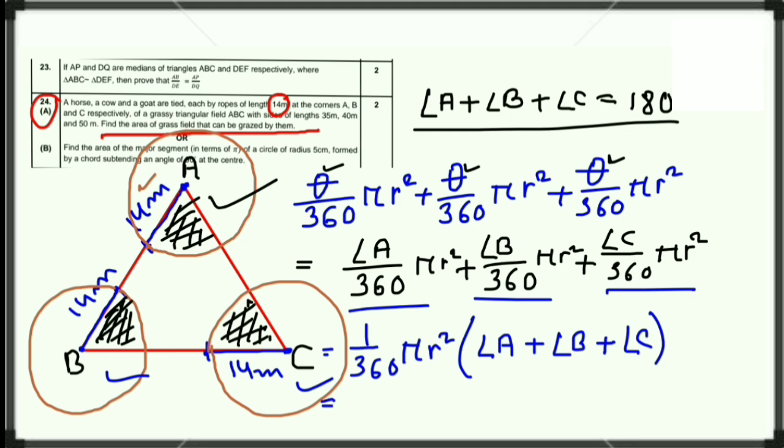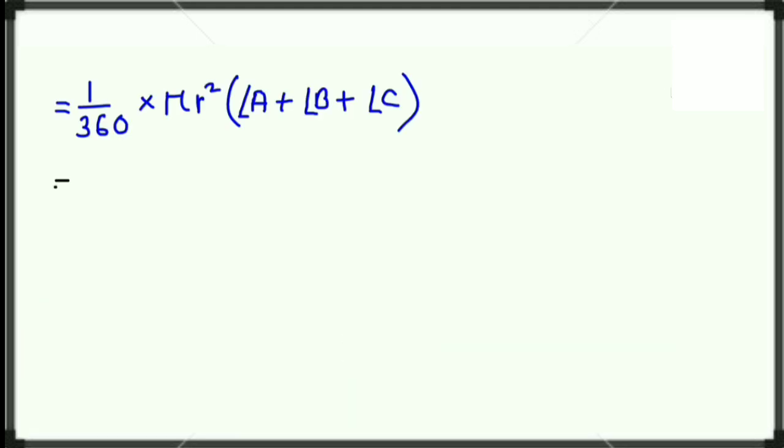Okay, for that let's proceed to a new page. Okay, 1 by 360 as it is into pi. The value of pi we know that 22 by 7 into r square. Radius we have 14 meter.